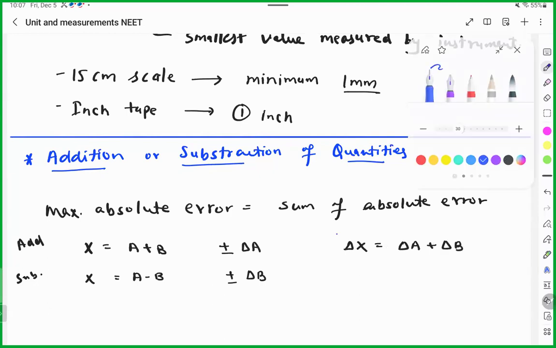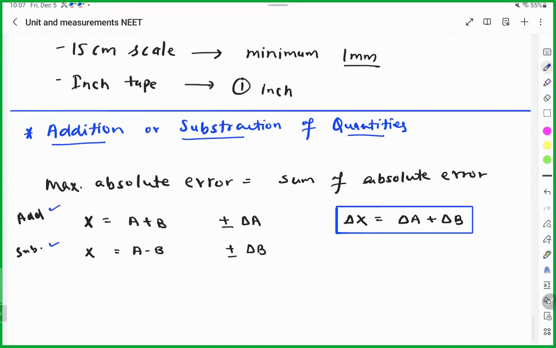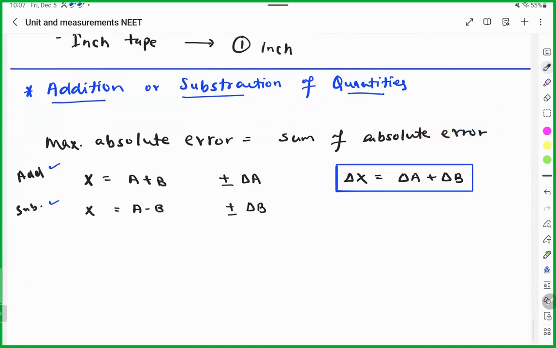Any doubt? Whether it is addition or subtraction, the change in absolute error in x will be like this. And if I have to calculate the maximum percentage error, you multiply by 100 and it is like relative error.